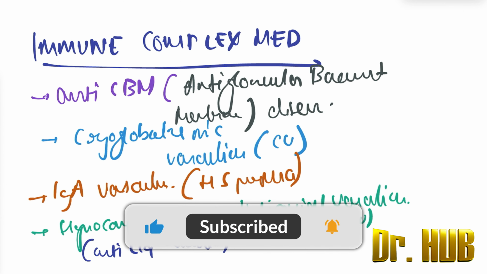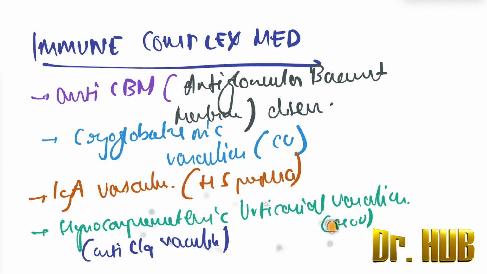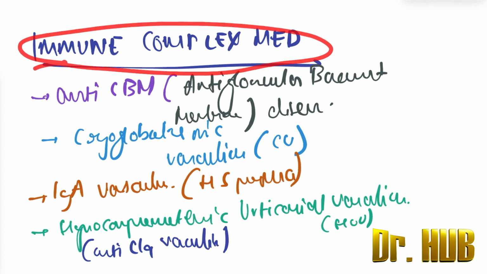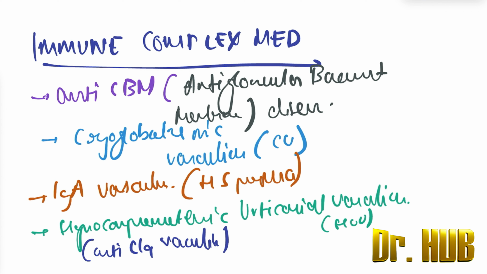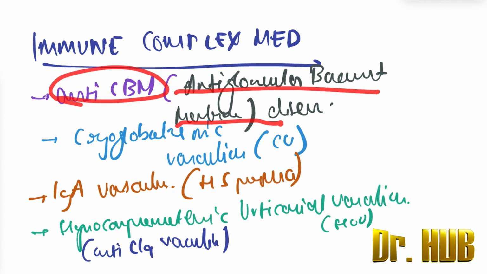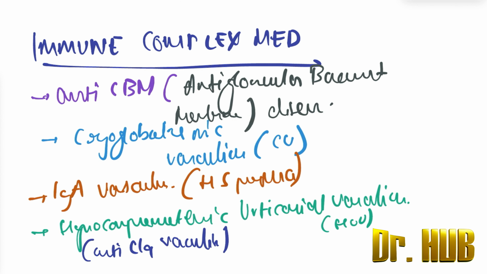So let's recap here. We dealt with the type of small vessel vasculitis, the immune complex mediated. It involves the anti-GBM, that is anti-glomerular basement membrane disease.